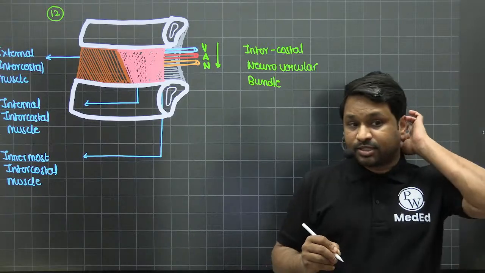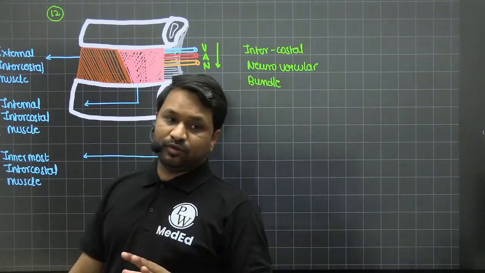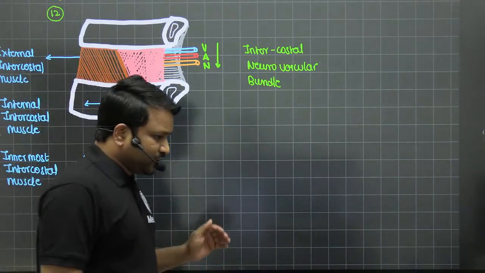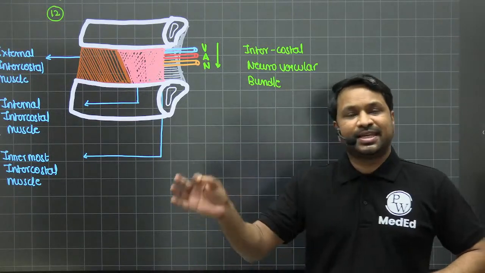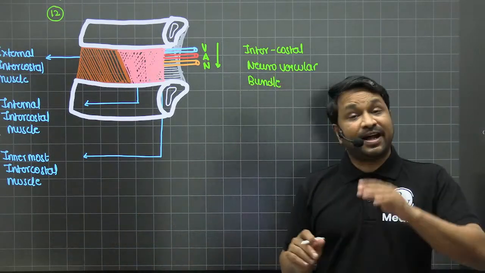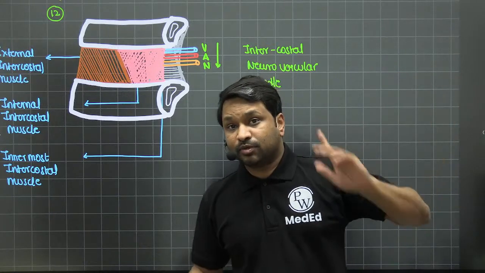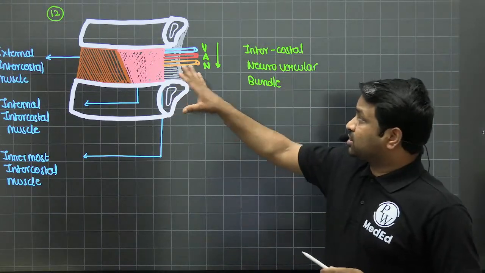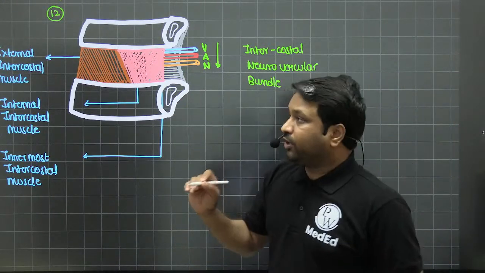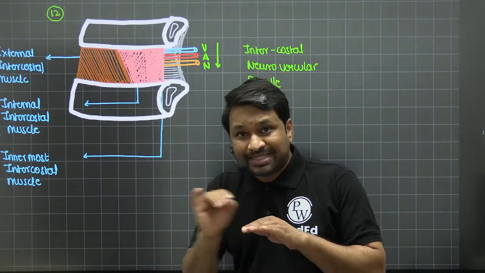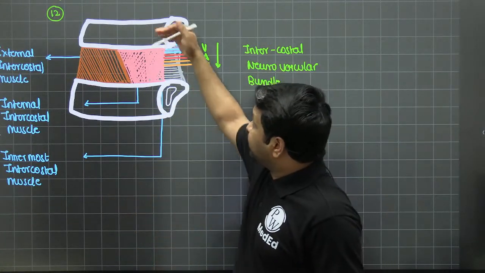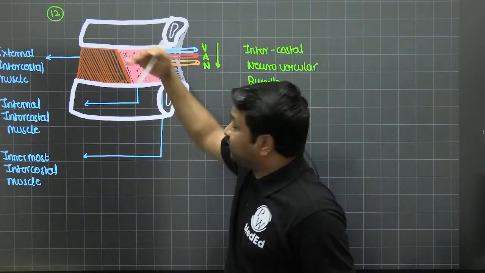Now, as a surgeon, why should I be aware of this? Whenever I'm going to enter into the thorax, I open it from the skin, go into the subcutaneous fat, and from there I'll be dividing the muscle, which we'll be talking about. Once you reach the intercostal space, I have my cautery tip. Do you want to put the cautery tip on the superior border of the rib or on the inferior border of the rib?